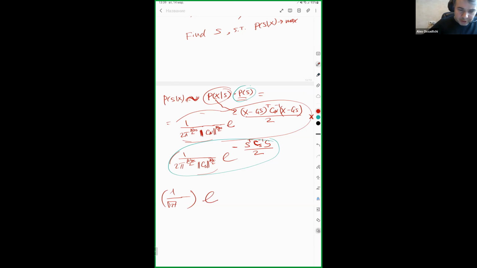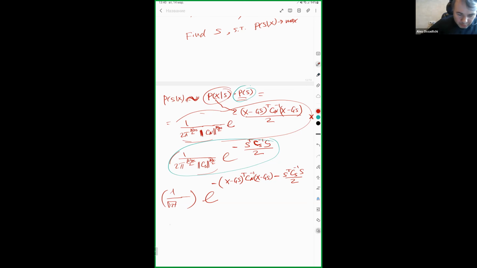But here we have this exponent: minus X minus GS transpose Cn inverse X minus GS, minus S transpose Cs inverse S, divided by 2. Agreed? Because when you multiply two exponents, the powers sum.